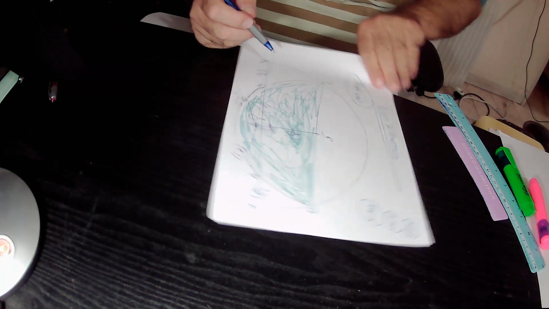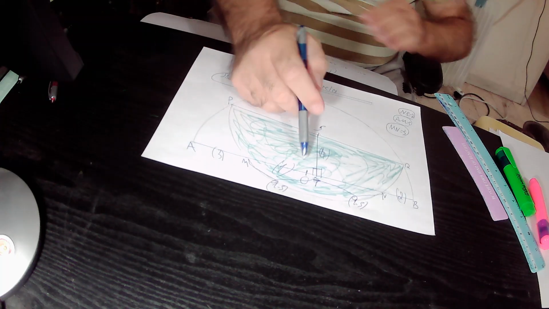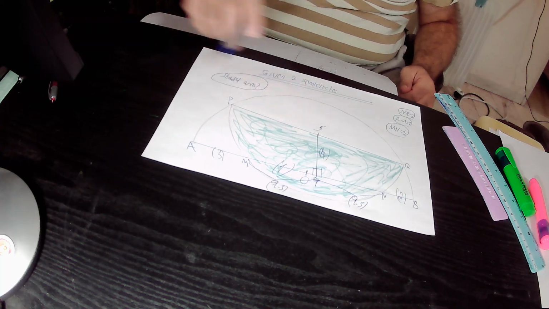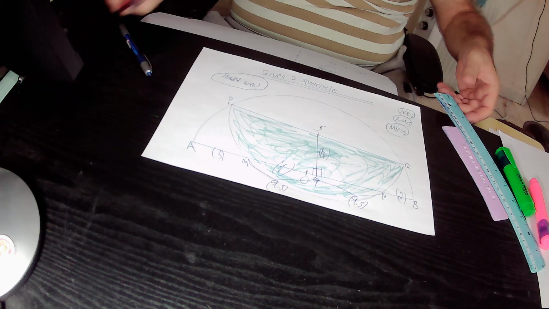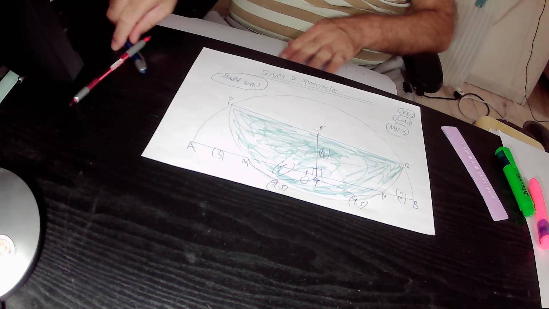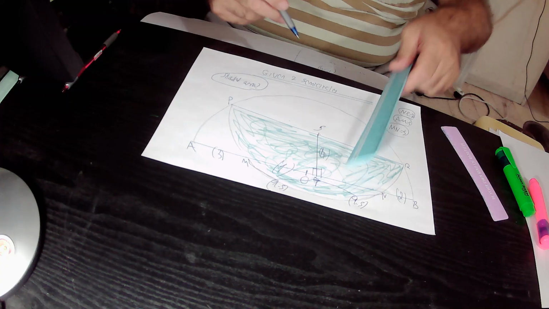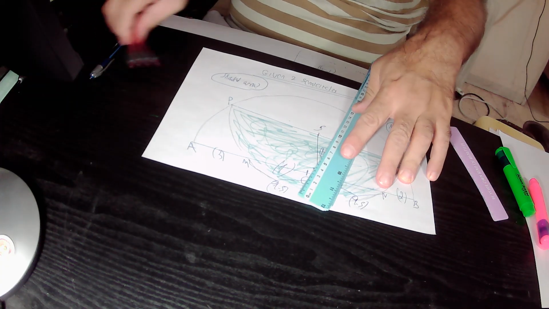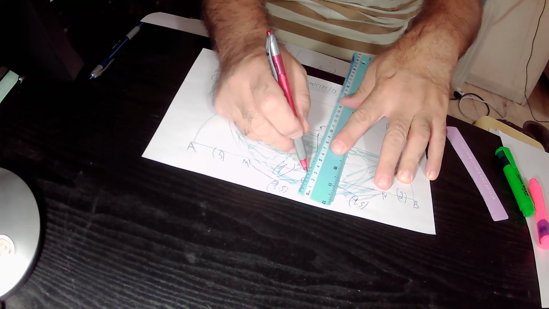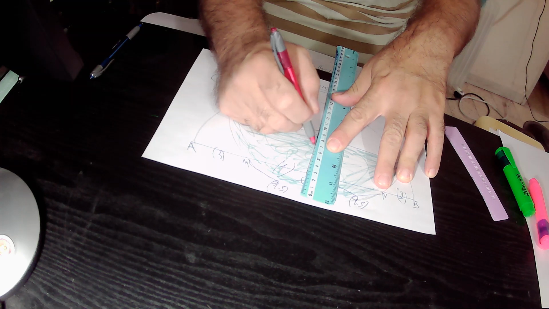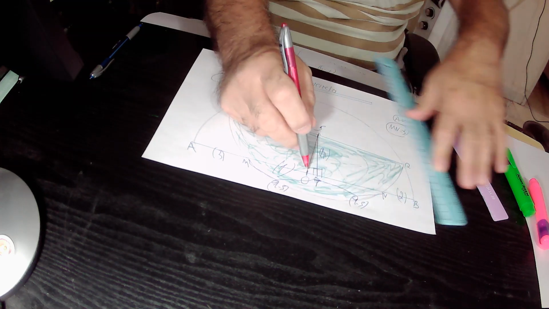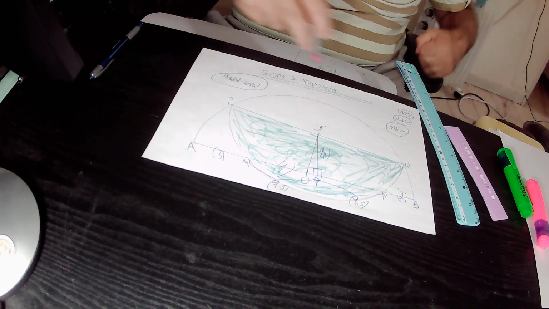In the next step, we will join points O and S together by a straight line. Point O is the center of this big semicircle.